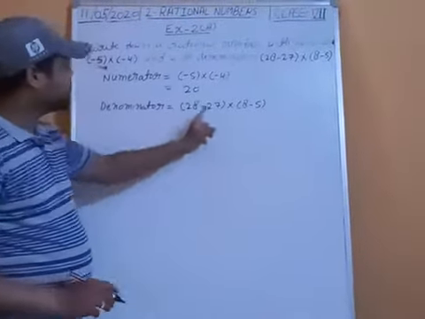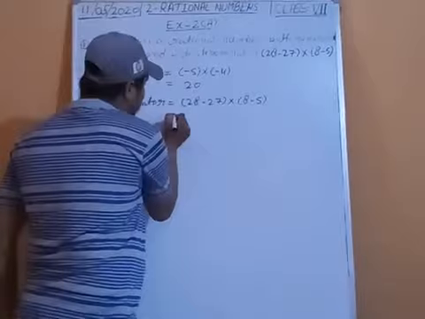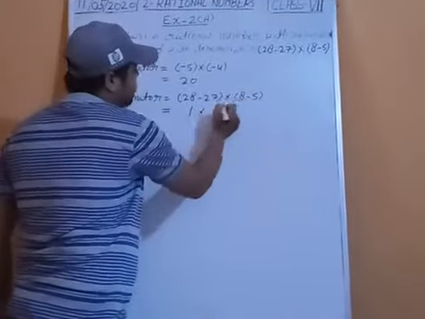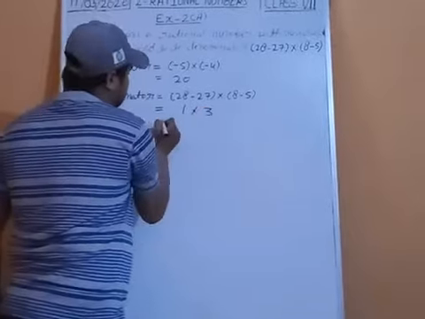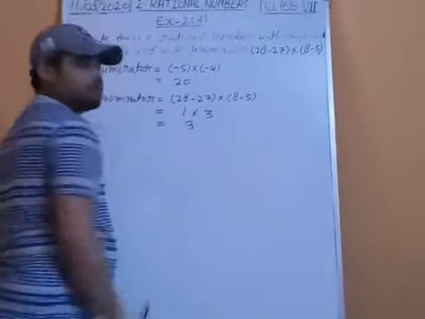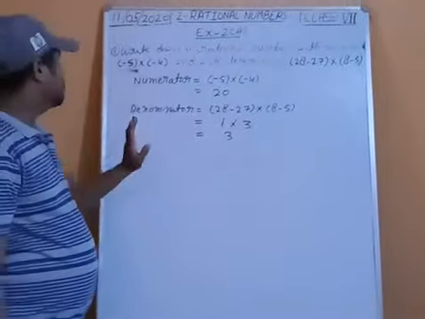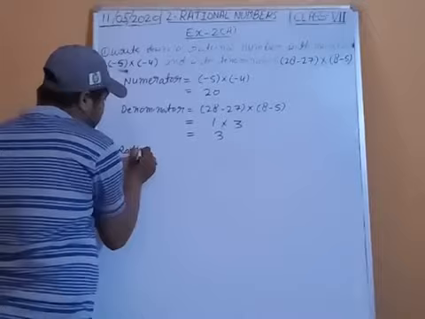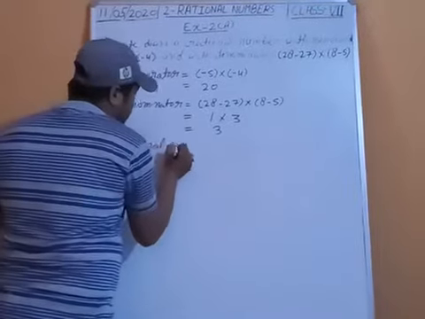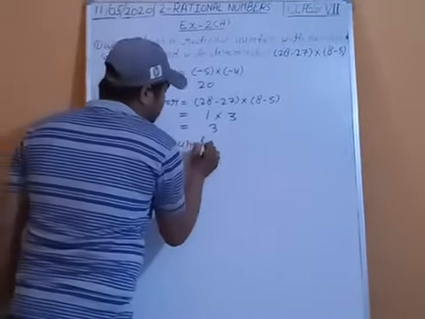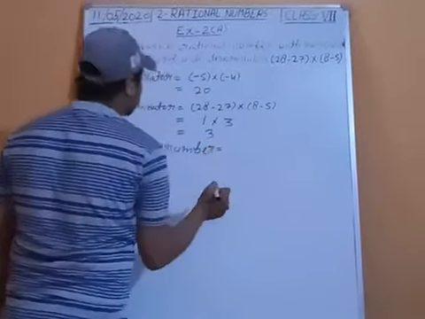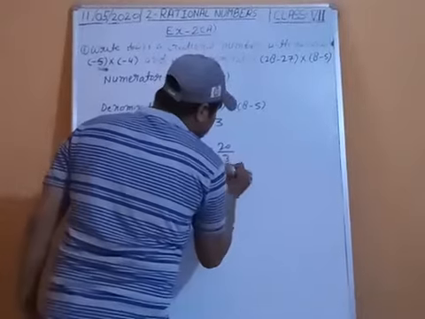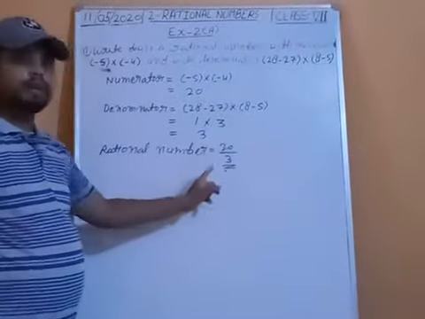So 28 minus 27, 1. Multiply 8 minus 5, 3. So 3 ones are 3. So rational number is equal to numerator 20 upon denominator 3. So rational number is equal to 20 upon 3.